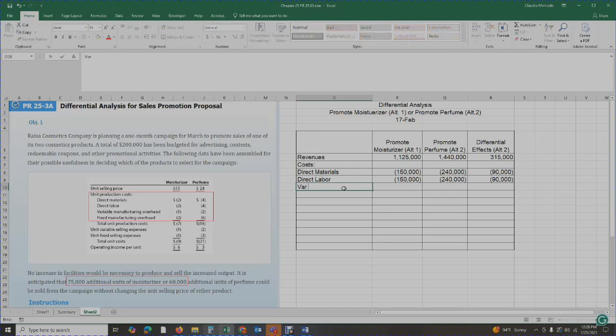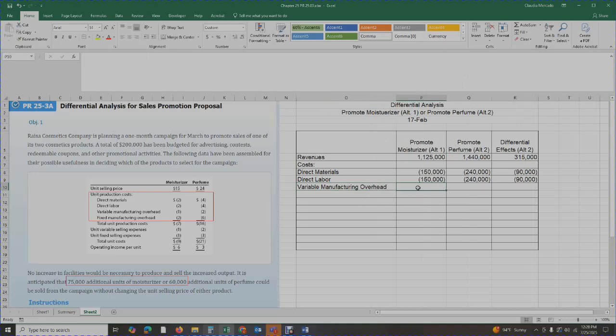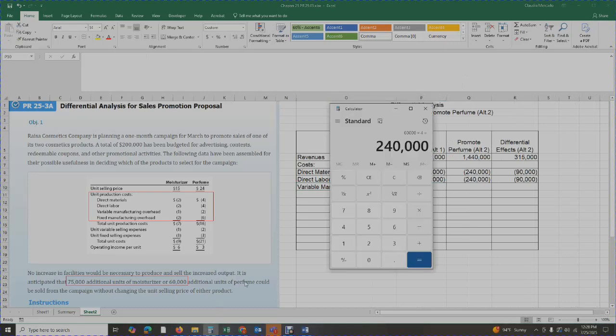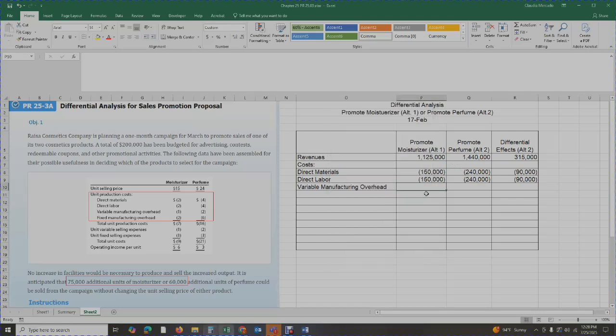Now we're going to have the variable manufacturing overhead. We're going to start off with 75,000 for my moisturizers. We've got 75,000 moisturizers at $1 a piece. That's going to be $75,000 for my variable manufacturing overhead.